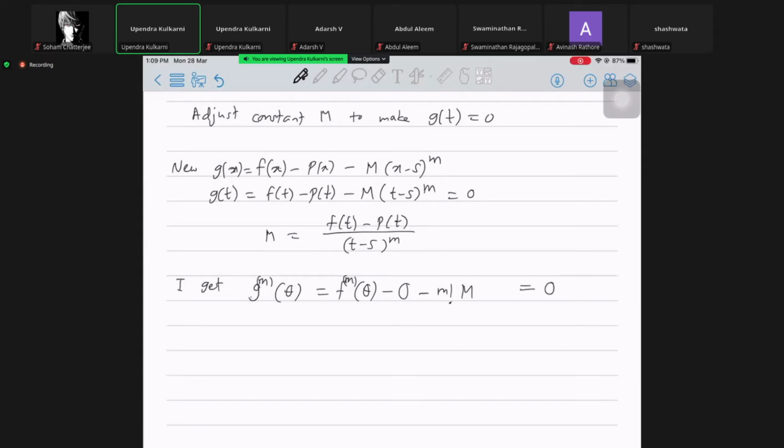And so finally I simply get, you see there are two expressions for m. One is the expression that I have written here, and then this expression gives me that m is equal to the small mth derivative of f at theta divided by m factorial.